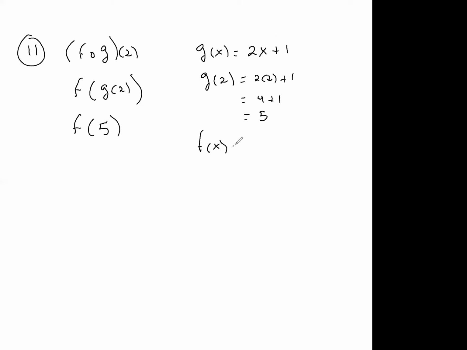The function f is equal to x squared plus x. What happens if I substitute 5? We have 5 squared plus 5. In other words, 25 plus 5. 30. Will be the final answer.